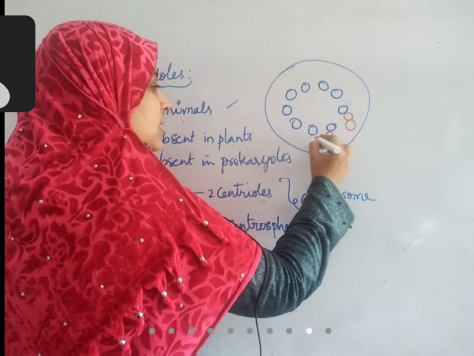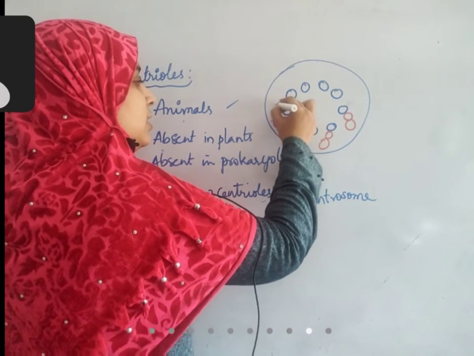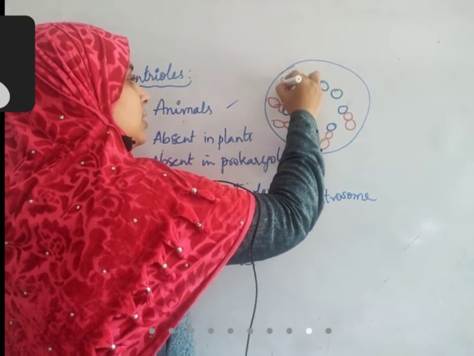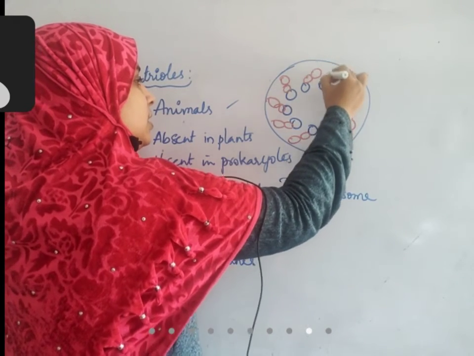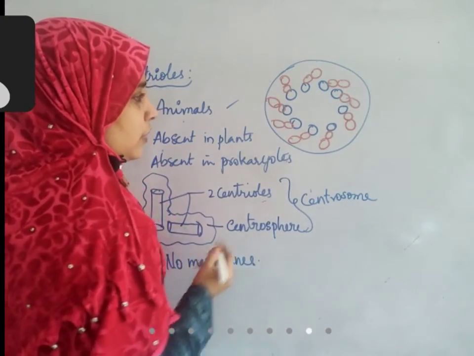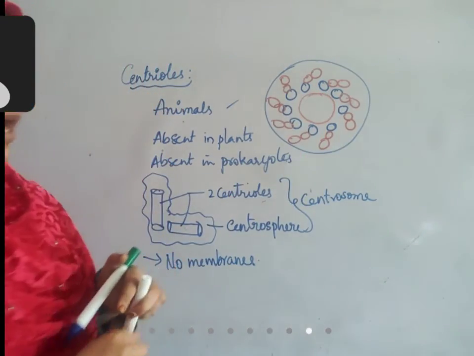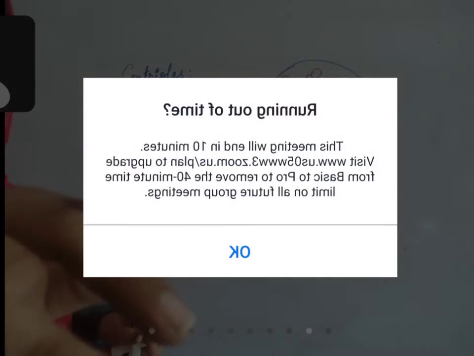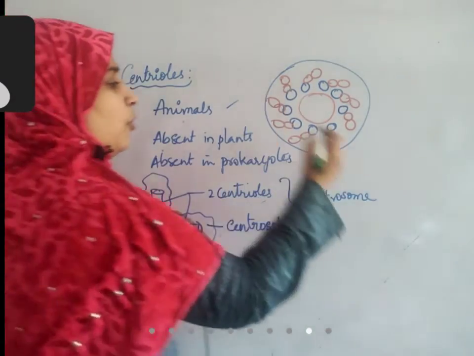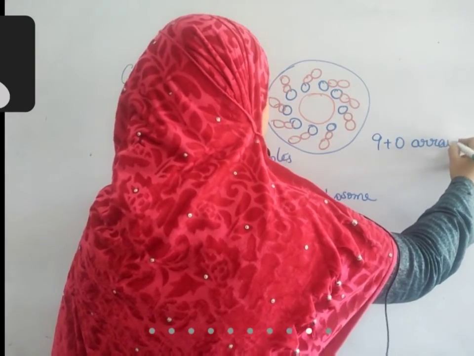This is one set, this is one set, this is one set, this is one set, this is one set, this is one set, this is one set, this is one set. In the center, there is nothing. Gap. So this type of arrangement is called as 9+0 array.